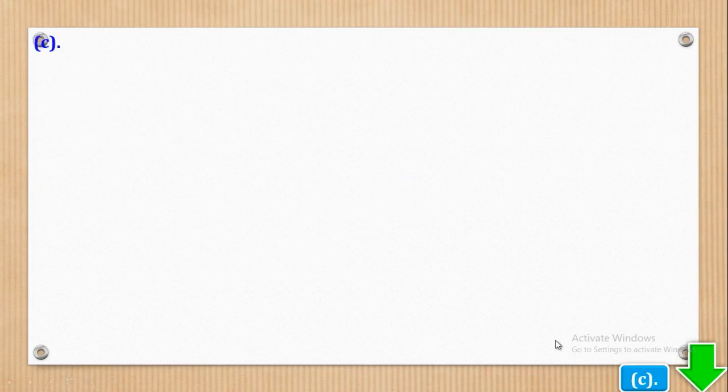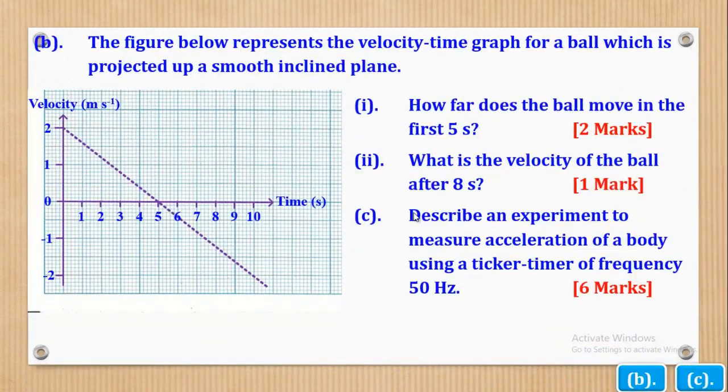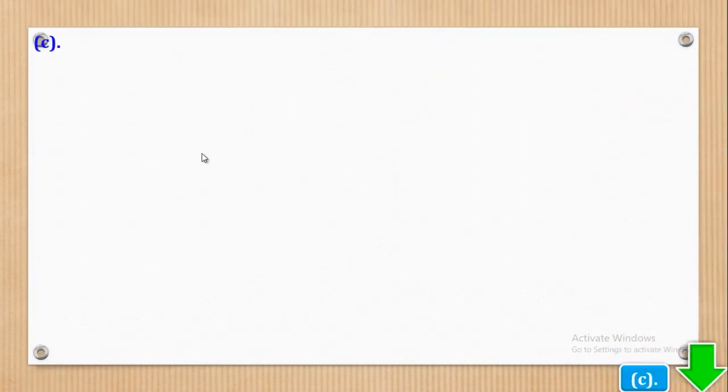So now we shall go to part C. Part C says, describe an experiment to measure acceleration of a body using a ticker timer of frequency 50 Hz. So this is easily done with the aid of a diagram. So we shall first draw a durable diagram.